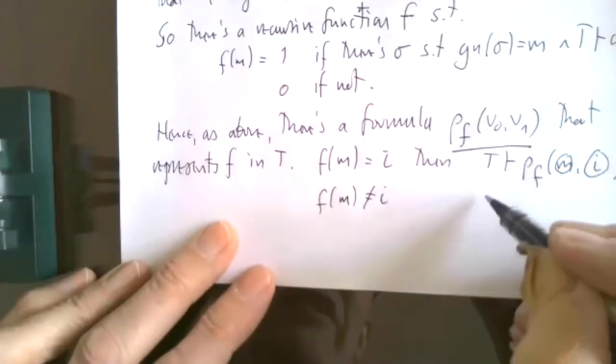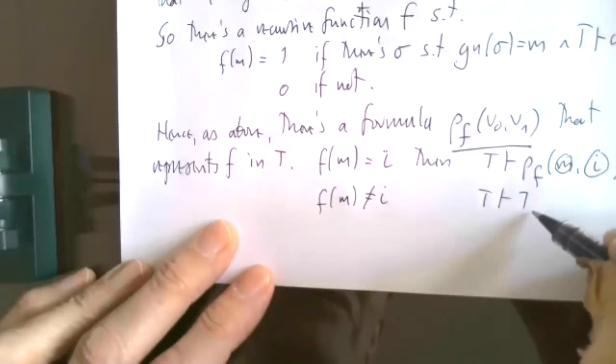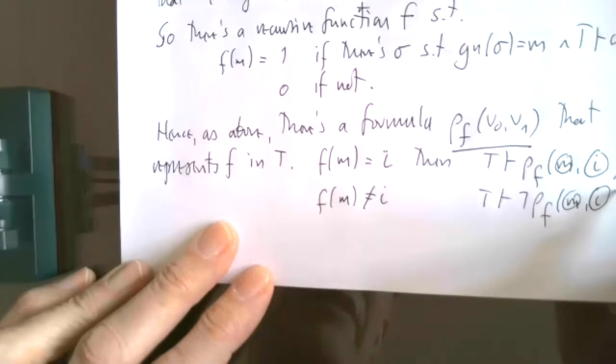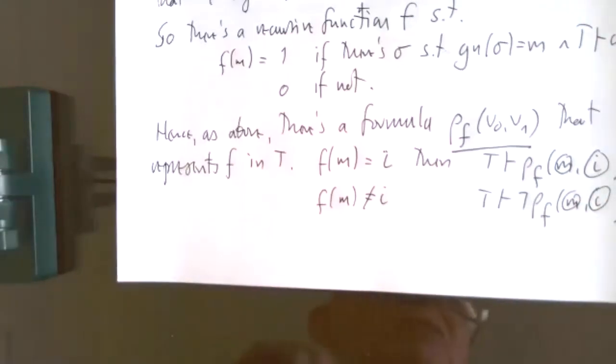And if it's not i, then T proves not rho f m i.